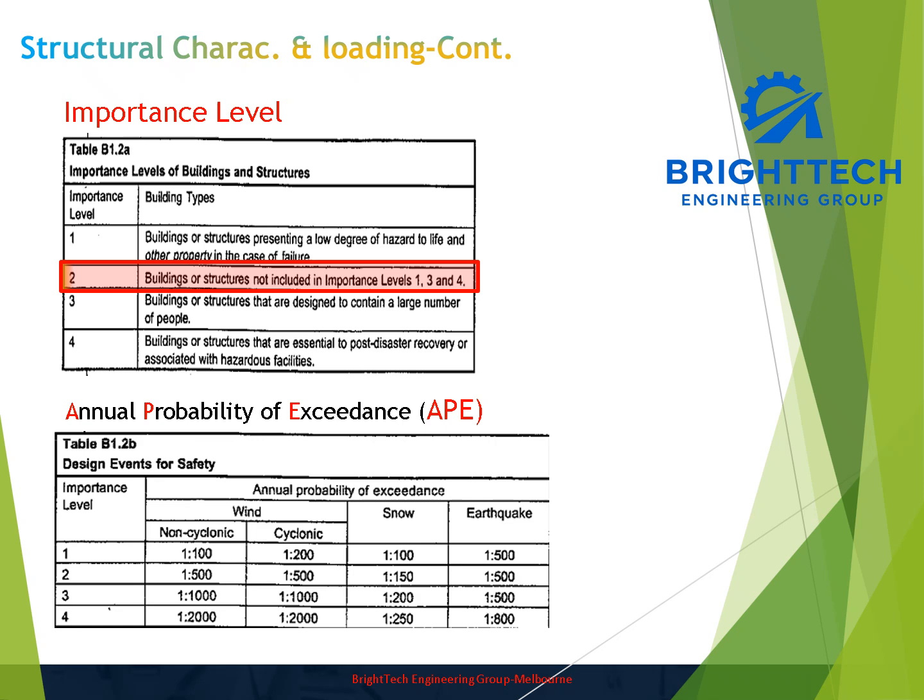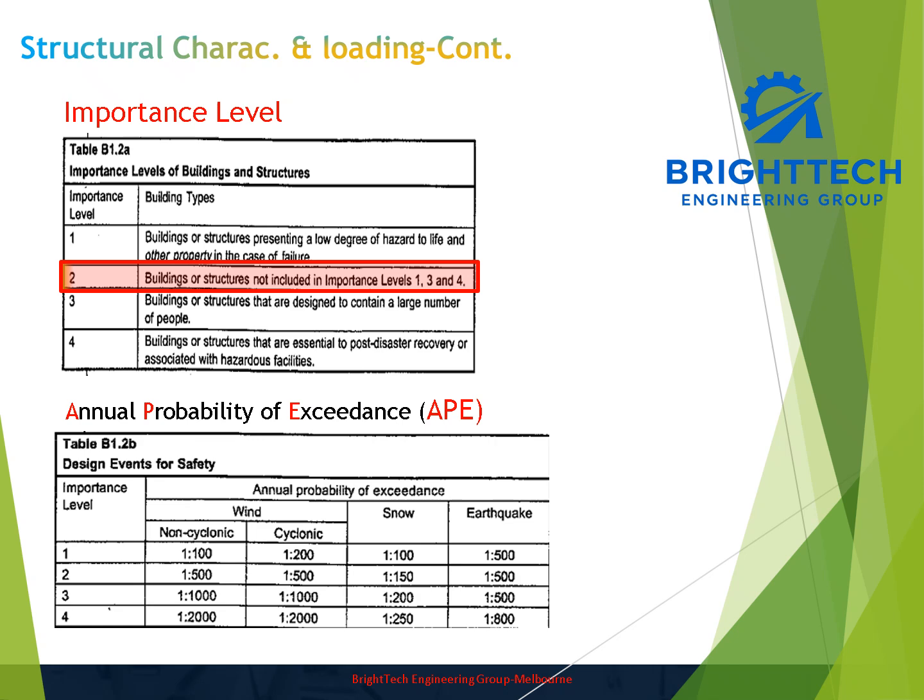As you can see here, by going through the standards, we can find out that the importance level is 2 because it is for buildings or structures not included in importance level 1, 3 and 4. So importance level 1 is a building or structure presenting a low degree of hazard to life and other property.